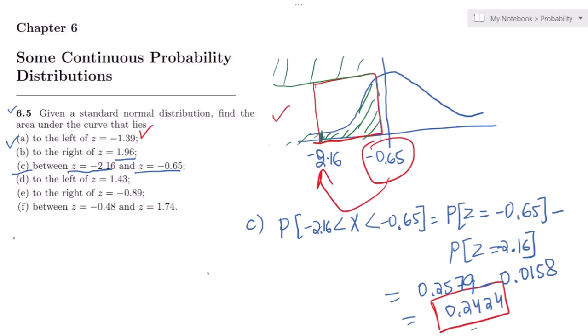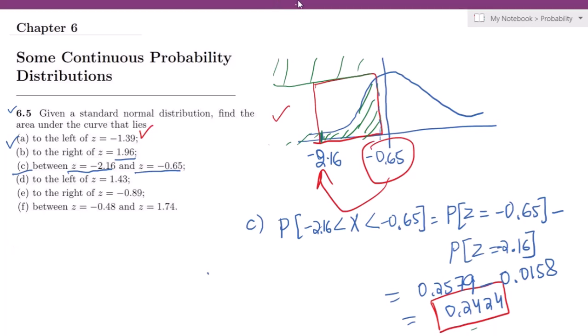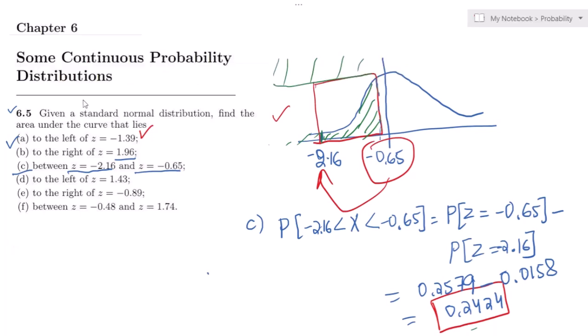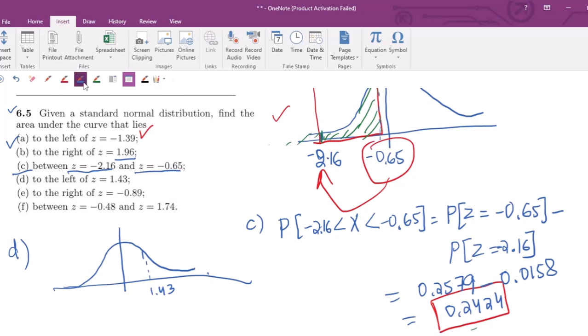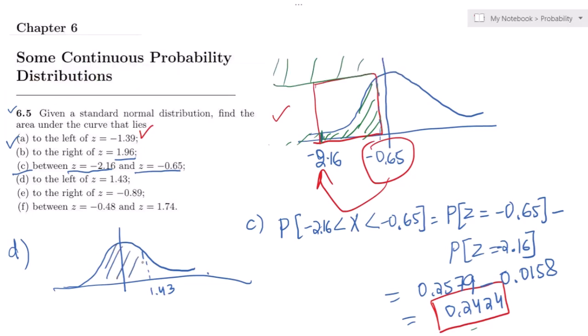For part D, you have to do what? Again, a similar formulation: we have to find the area to the left of 1.43. This is what we have here, let me mark this 1.43, and we have to find the area of all this.